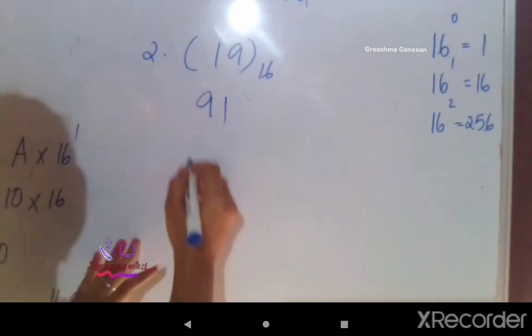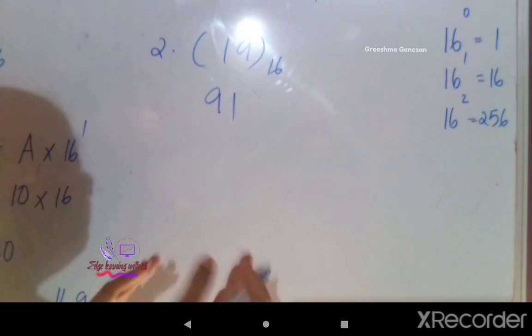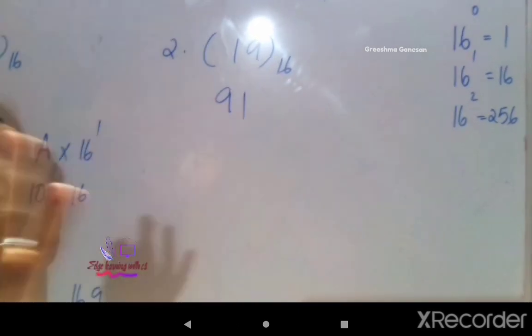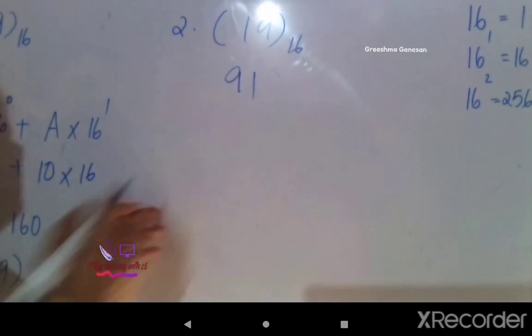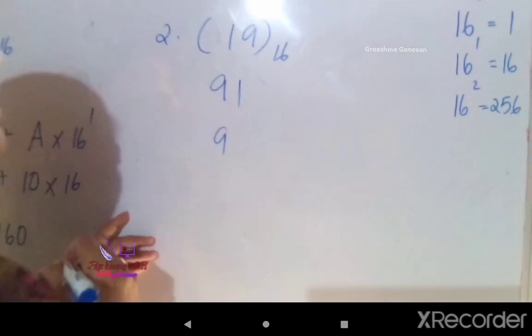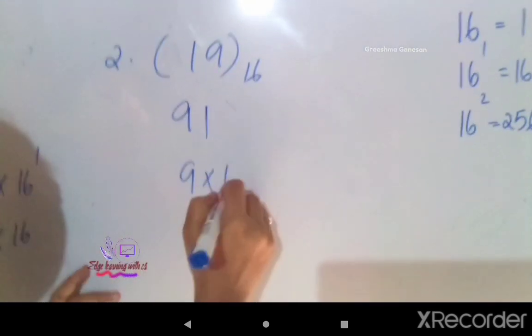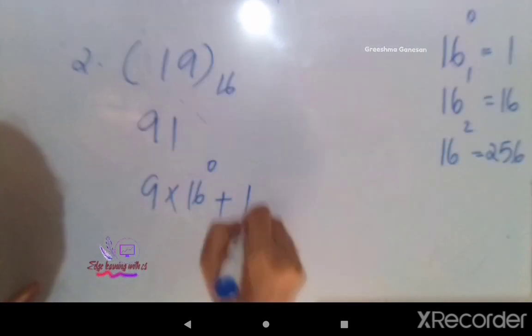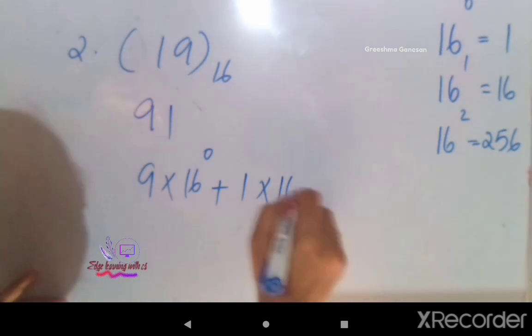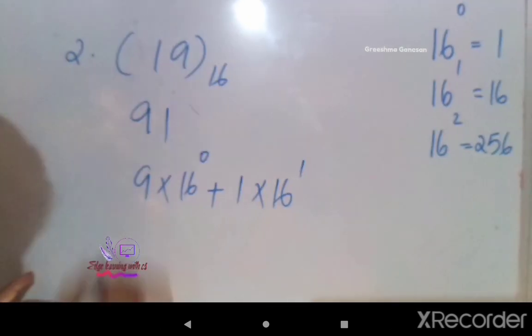Then I multiply each digit with 16 powers. So I am writing 9 into 16 raised to 0 plus 1 into 16 raised to 1.